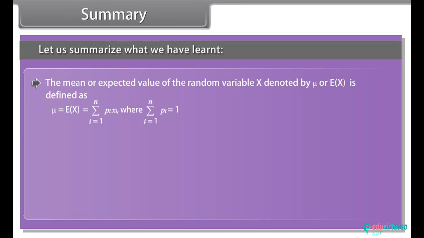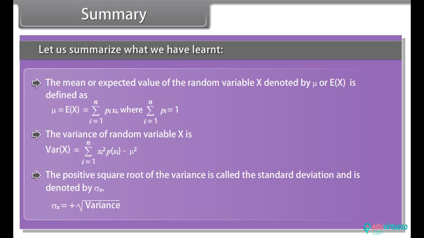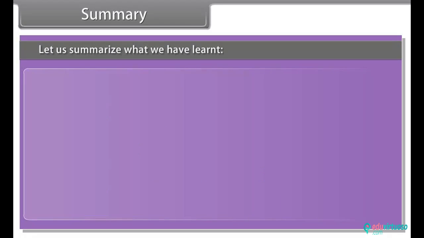The mean or expected value of random variable X is denoted by mu or E(X). The positive square root of the variance is called the standard deviation and is denoted by sigma x.